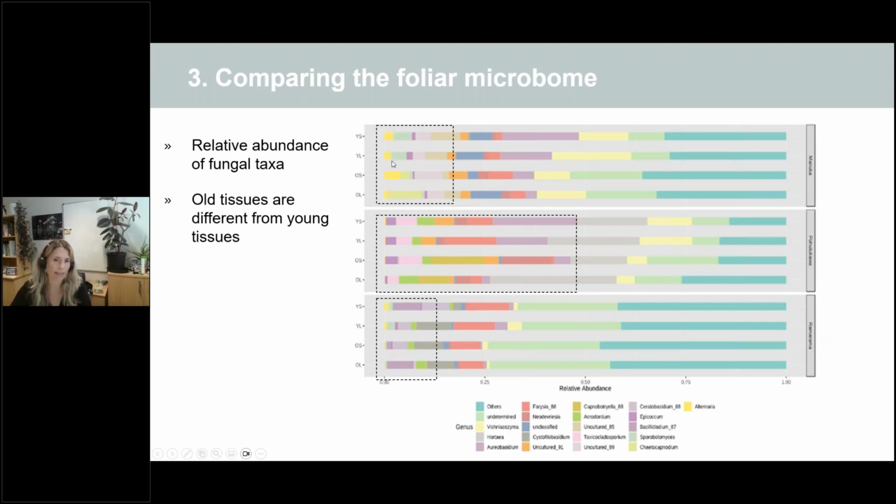And what you can see is that there is some difference between young and old tissues, mainly in relative abundance of organisms, not particularly as strong in presence or absence, although in the pōhutakawa we did see Capnobotryella as quite dominant in the older tissues, and that correlates quite well with the sooty mold that we saw often on those plants.